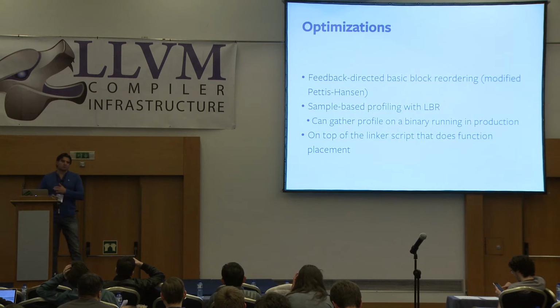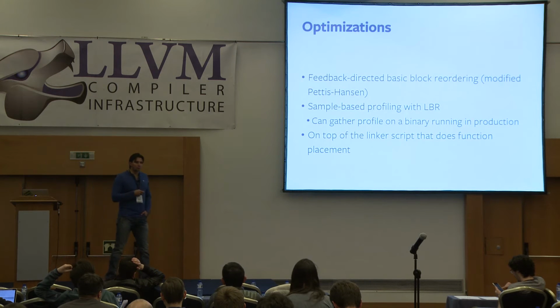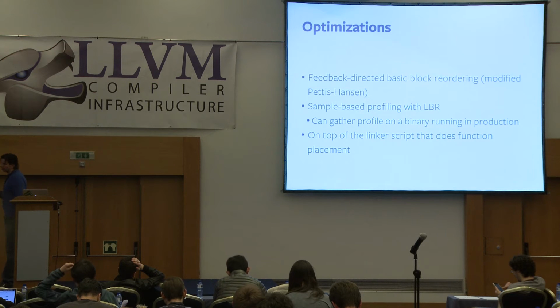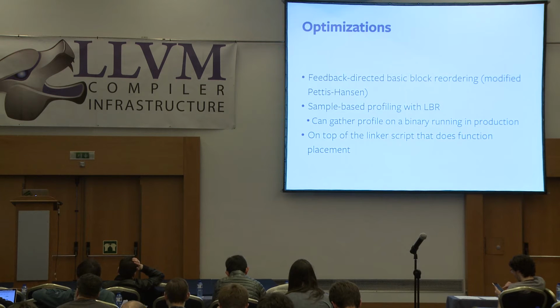As I mentioned, the data that we use to guide this optimization is gathered in production, and it uses LBRs. The optimization that we do is performed on top of the linker script. We have a special step that optimizes the function order in the binary, so functions are already put in the best possible sequence. And we currently don't have to do it in the binary optimizer, but it's something to consider for the future.